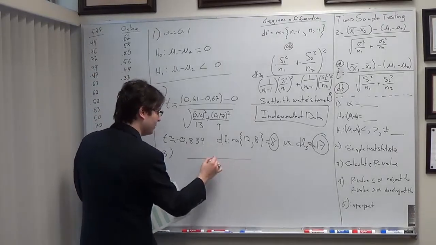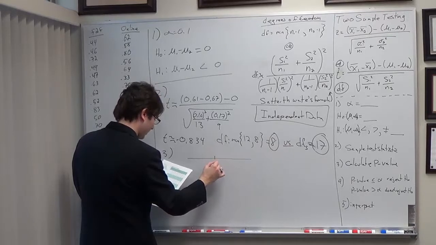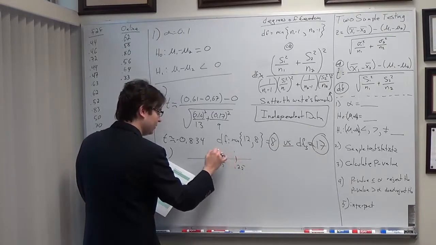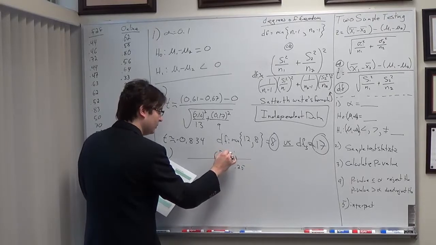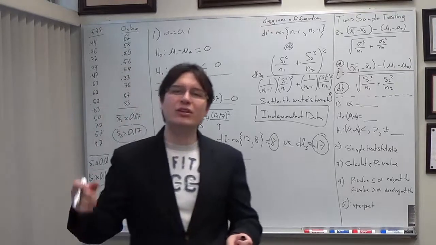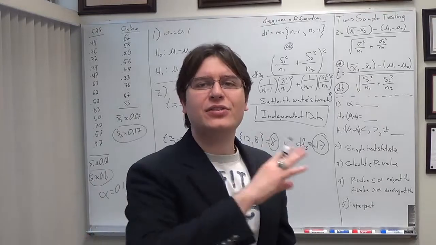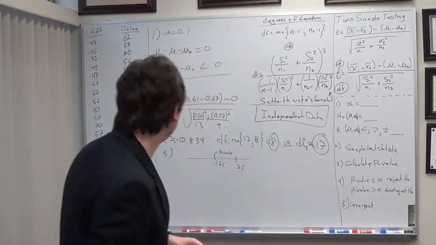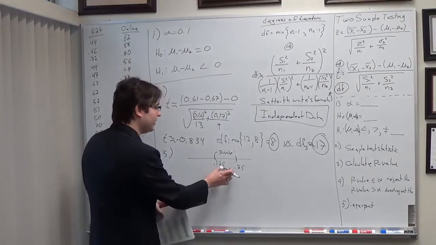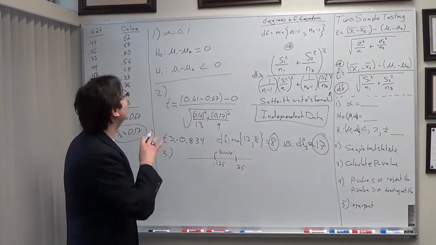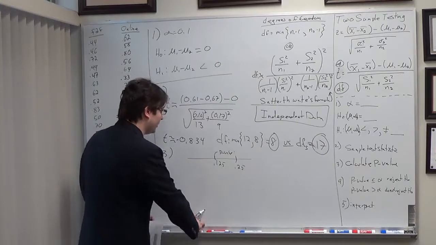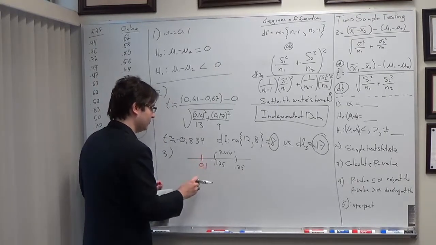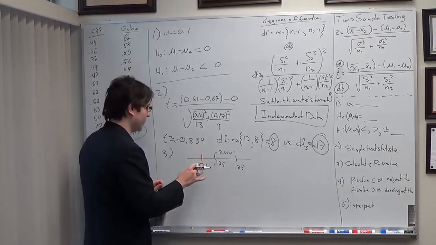So my p-value is between 0.125 and 0.25 for one-tailed area. Notice that's the same region I would have been in if I had calculated without rounding, because without rounding I was getting 0.80 something, and here I got 0.83. Either way I would have been in the same place. We were comparing this to an alpha of, not 0.01, 0.1.